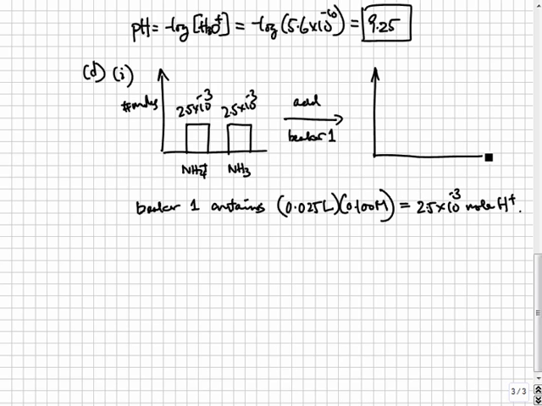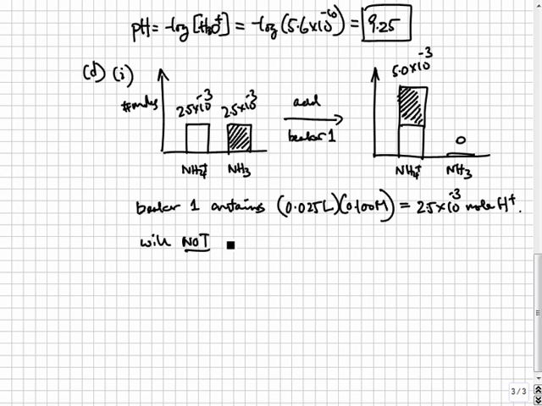And what that would do is convert the same number of moles of NH3 to NH4+. And we see that we originally have 2.5 times 10 to the minus 3 moles of NH3. So all of that is going to be converted into NH4+, so that now the total number of moles of NH4+ becomes 5.0 times 10 to the minus 3, and then we have nothing left in the NH3.